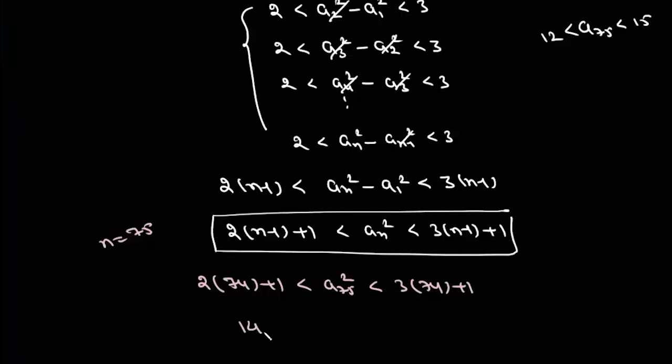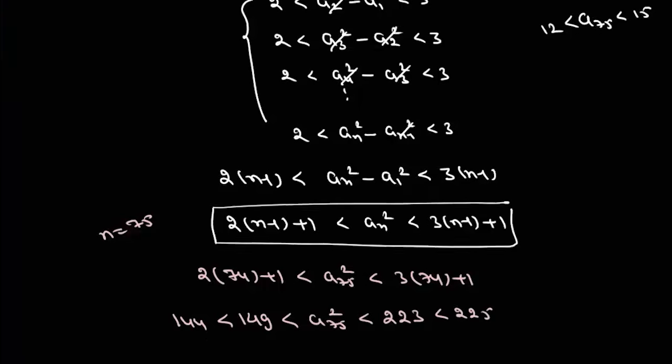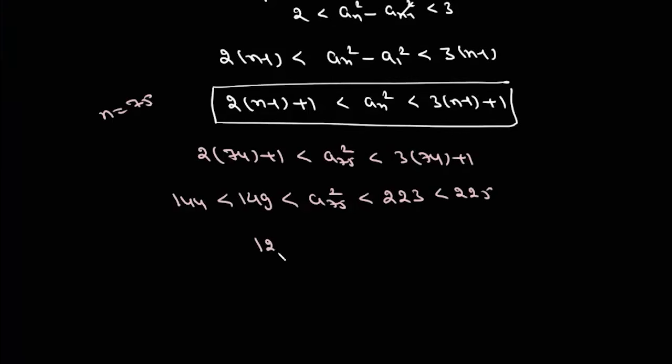Now this is 149. It is less than a75 square and will be less than 223. Now we know that 149 is greater than 144 and 223 is less than 225. We can write 12 square is less than a75 square and less than 15 square, or a75 will lie between 12 and 15, and that is the answer to this question.